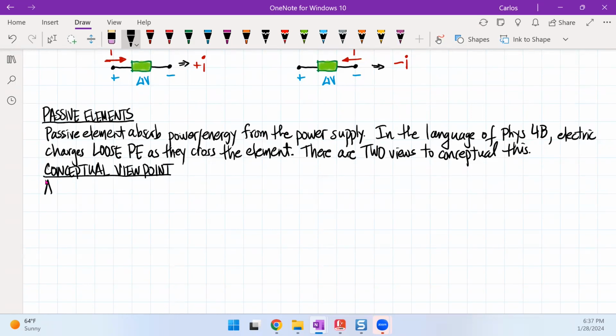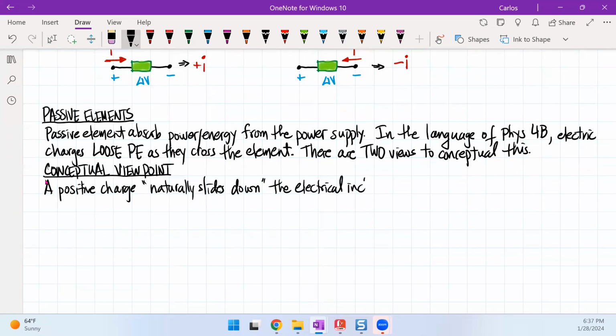So a positive charge naturally slides down the electrical incline and loses electrical potential energy that converts into heat for resistors.